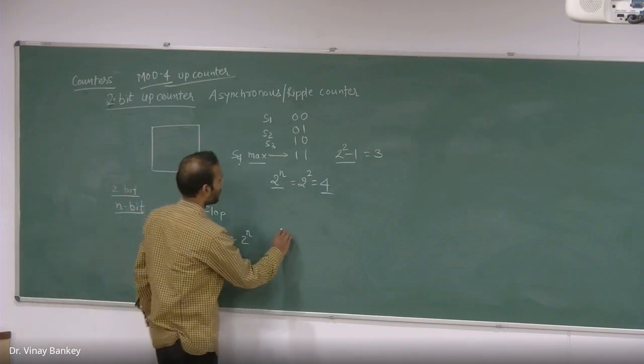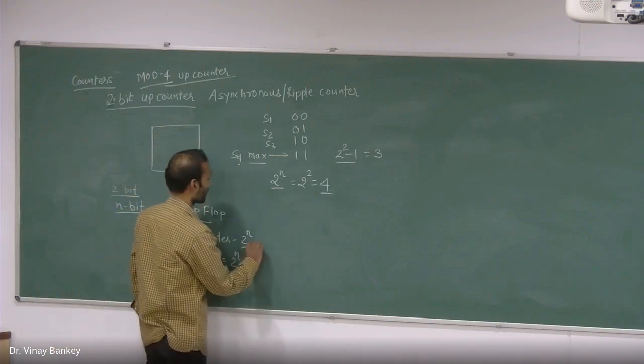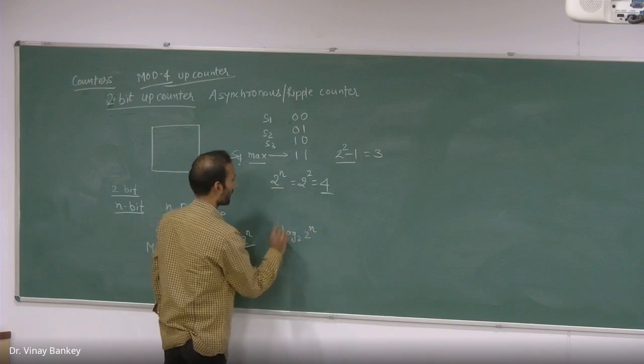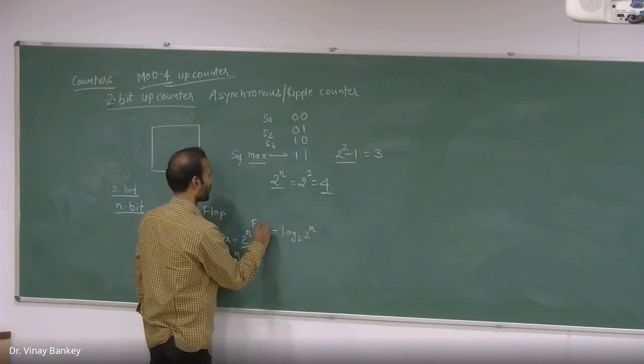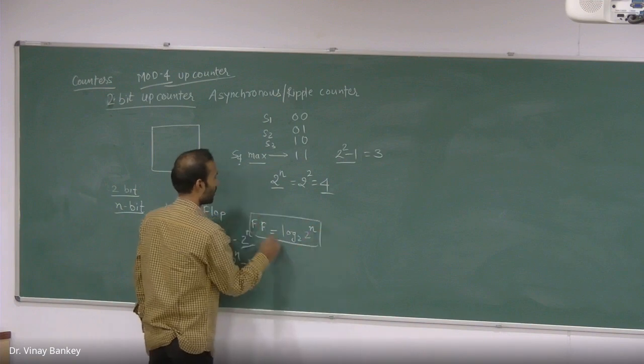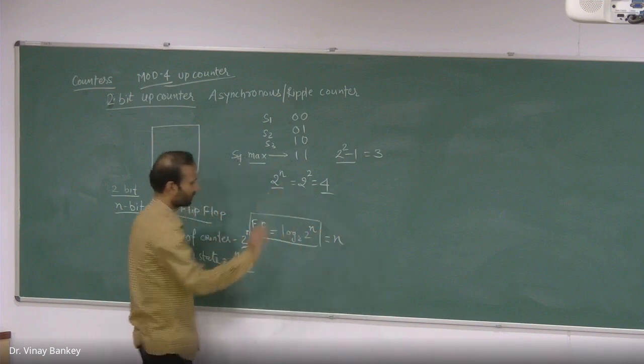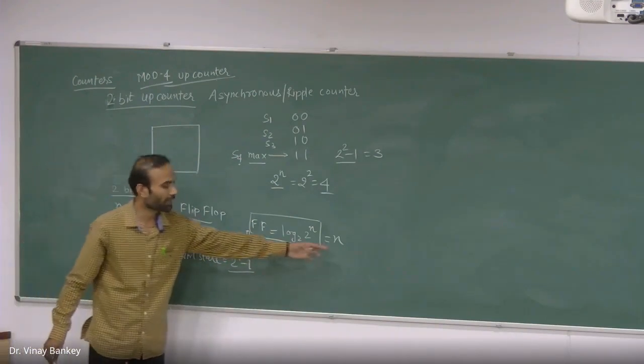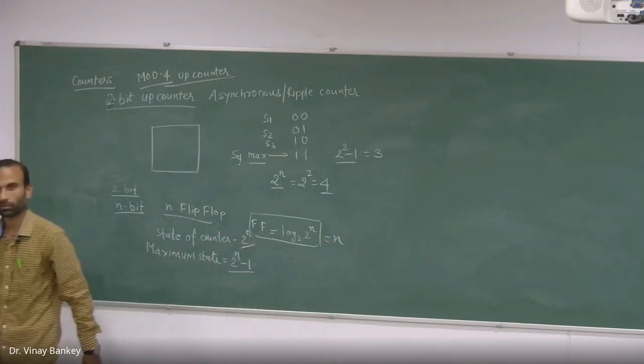How many flip-flops are required for this? It will be log base 2 of 2 to the power n, which comes out as n. If you have 2 raised to power n states, it will require n flip-flops. Correct?